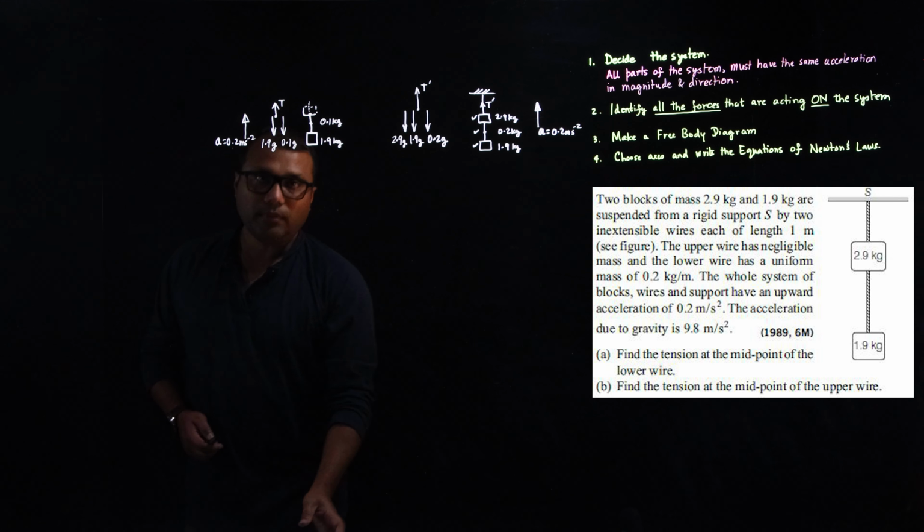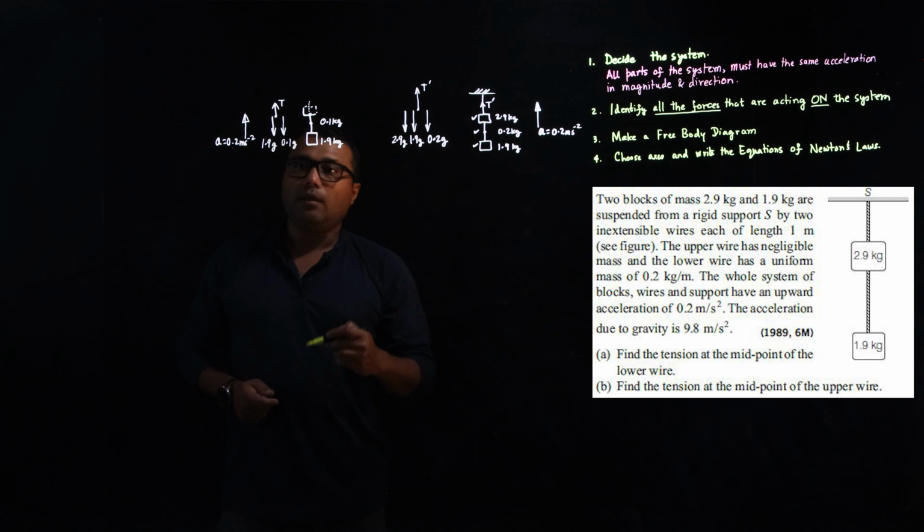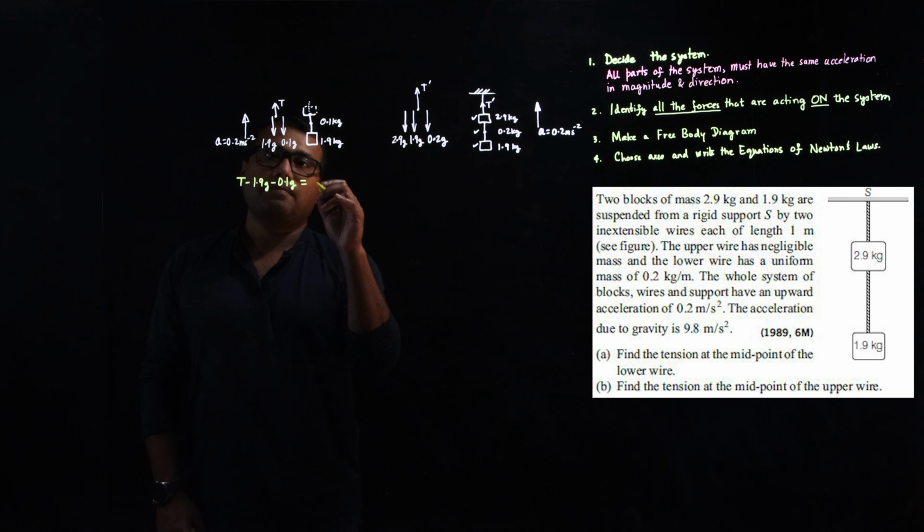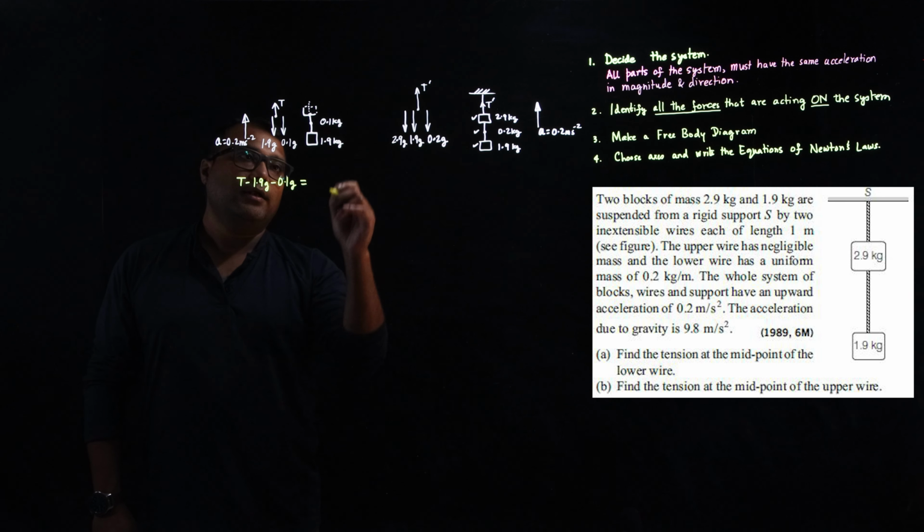Now let's write the equation for this system. T minus 1.9 g minus 0.1 g is responsible for the acceleration of the entire system, whose mass is 1.9 plus 0.1, so 2a.